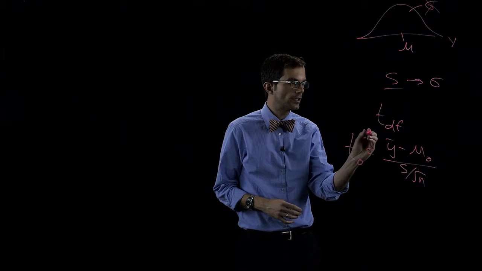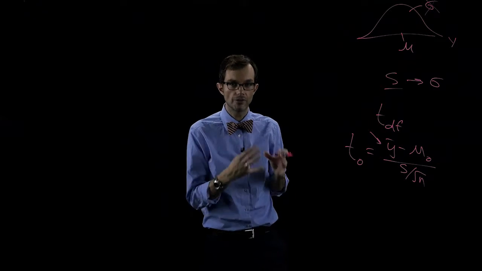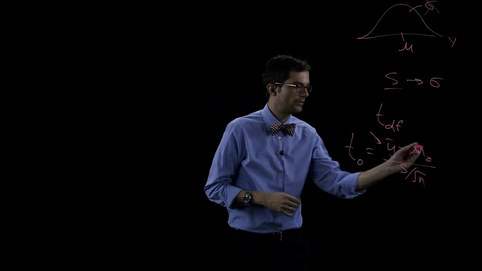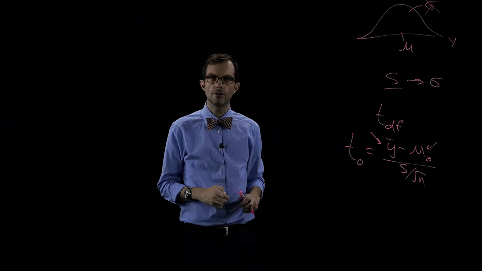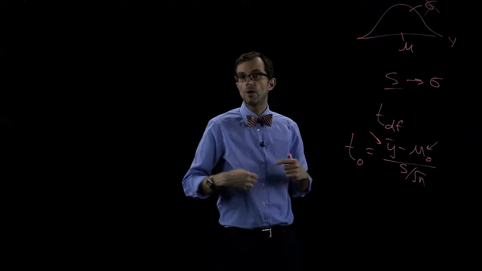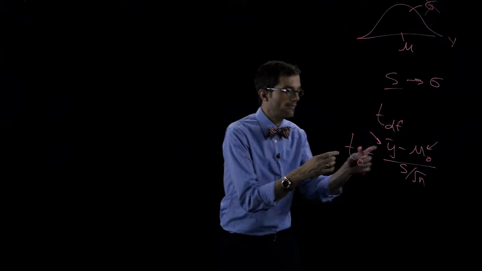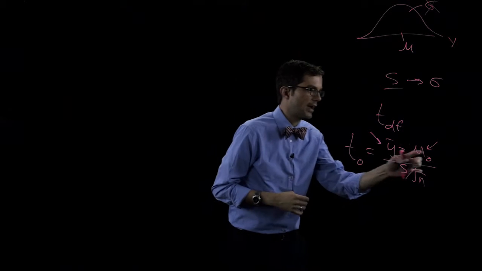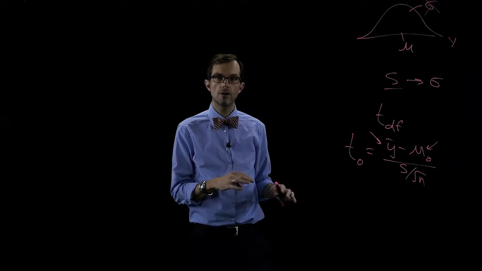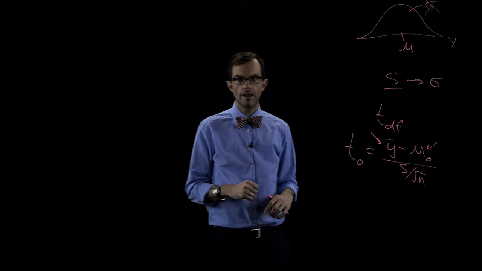It is how different is the evidence, our sample statistic, from the hypothesized value? If those two things are really different from each other, then we want to know about it. If our sample is so much different than the hypothesized value in standard deviation units that we need to reject the null, then this test statistic is going to tell us that.